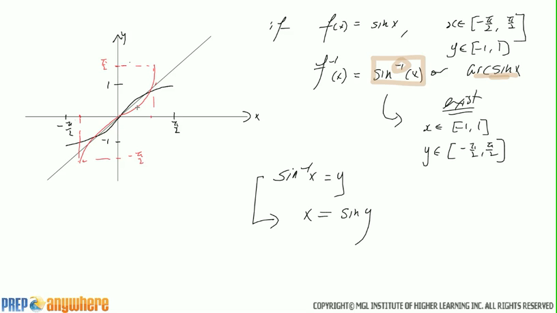I'm not going to ask you to draw it too much, but you just have to understand that there is a picture. And because of the picture, notice the domain is from -1 to 1, and the range is from -pi over 2 to pi over 2.